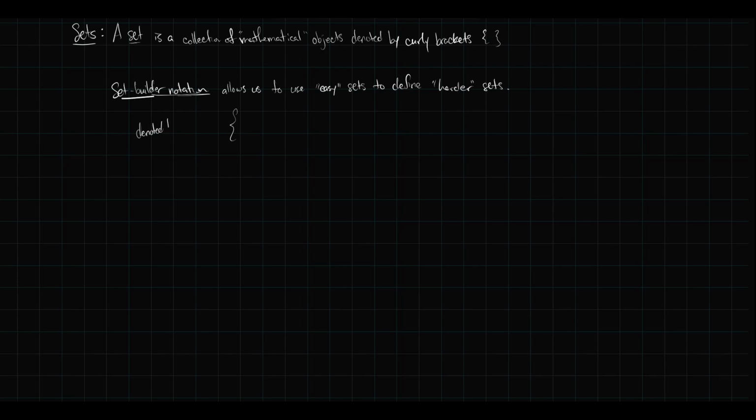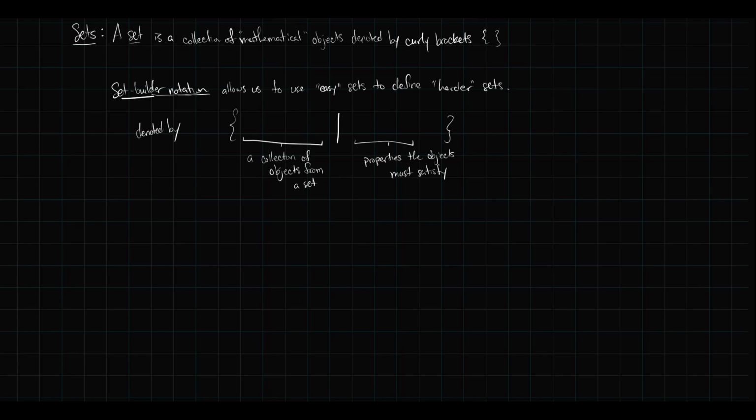And the way set builder notation works is you're going to have your curly brackets. On the left, you have a collection of objects from a set, and then there's always a vertical line, and then you'll end up with something else to the right of the vertical line, which is properties the objects must satisfy.